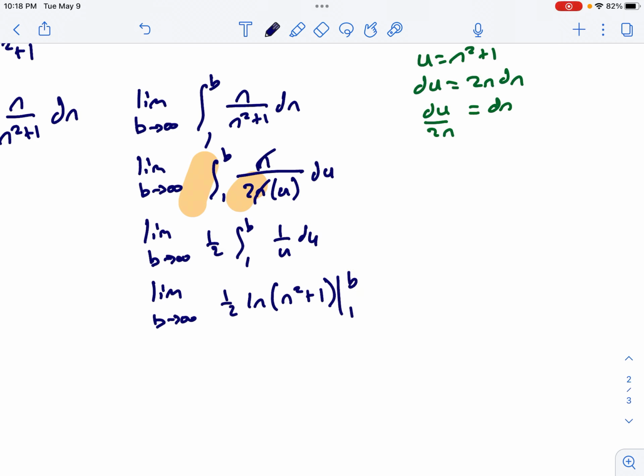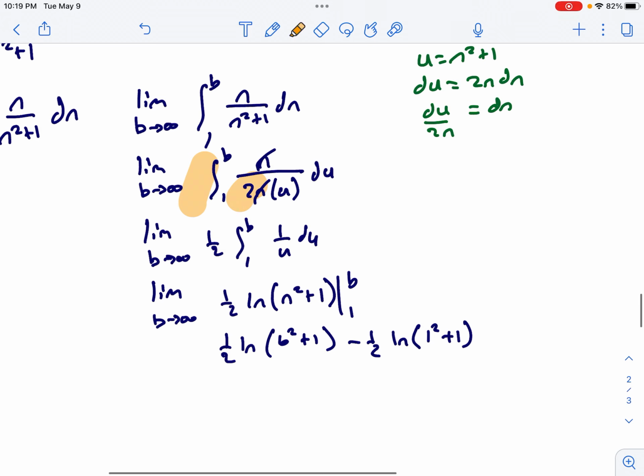And we're going to evaluate that from 1 to b. All right, so that's going to be 1/2 the natural log of b squared plus 1 minus 1/2 the natural log of 1 squared plus 1. I said minus 1, maybe plus 1.